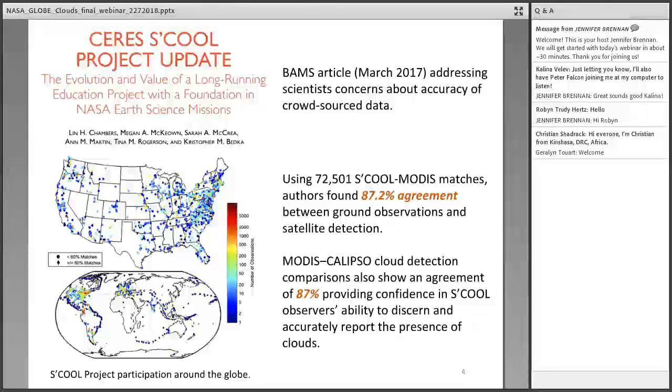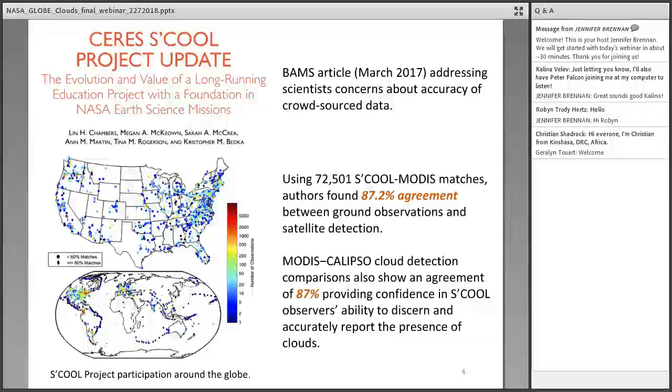If we fast forward now to 2017, there was an article published in BAMS in March addressing how accurate these crowdsourced data are. In part, they used the school data. So they compared the school matches to MODIS, MODIS being another instrument aboard that Aqua satellite in the picture I showed before that also looks at clouds.